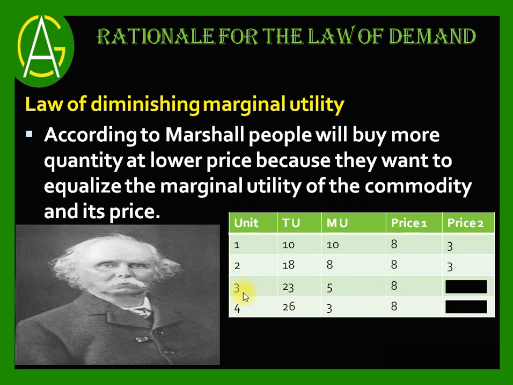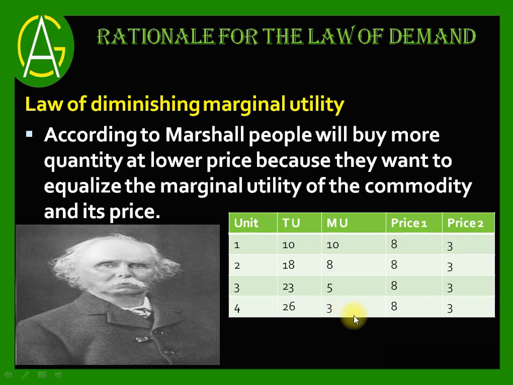If he purchases the third unit, again the price is 3 but the satisfaction is 5, so he is still in benefit. And if he purchases the fourth unit, here the price and marginal utility are both equal, so the person will stop purchasing at 4 units.